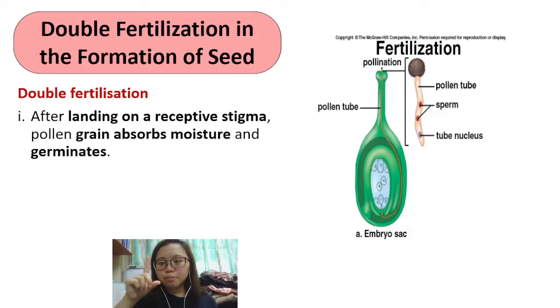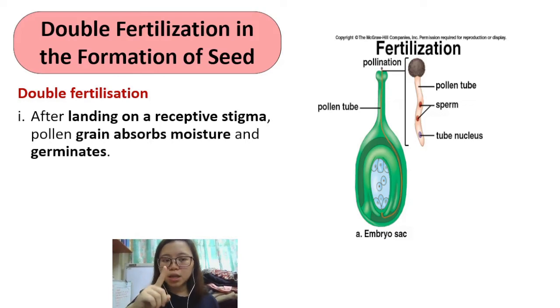Tapi yang penting, bila pollen grain sampai kepada stigma, baru kita mula proses double fertilization. When your pollen grain lands on a receptive stigma, that's when we begin the fertilization process. When it lands, the pollen grain will absorb the moisture and sugar solution on the stigma and then germinate. Okay, dia akan bercambah.